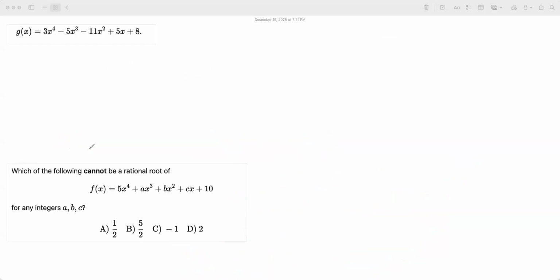Okay, can you try the next one, this one? Which of the following cannot be a rational root? These are different flavored problems.